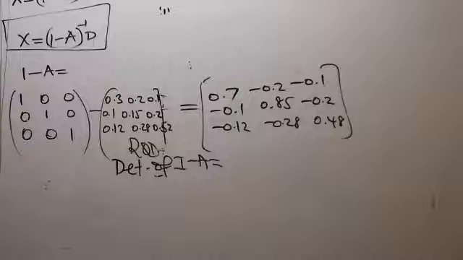So determinant of A, according to the AI, is 0.219. 0.219. How about Lucy? How about Kadra? How about Match?